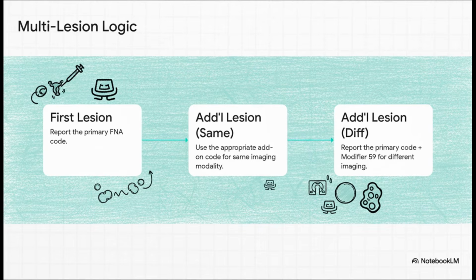Now, for that second lesion, you have to ask one question: did they use the same kind of imaging? If the answer is yes, you just grab the right add-on code. Easy. But if the answer is no, say they used ultrasound for the first lesion and CT for the second, then you do something different. You use the primary FNA code again, but you slap a modifier 59 on it. That's your signal to the insurance company that says, hey, this was a totally separate procedure.